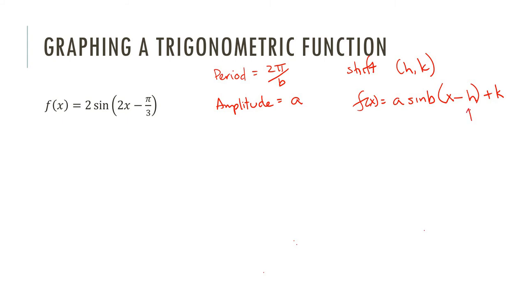H is my right and left shift. K is my up and down shift, just like any function that I've been using.